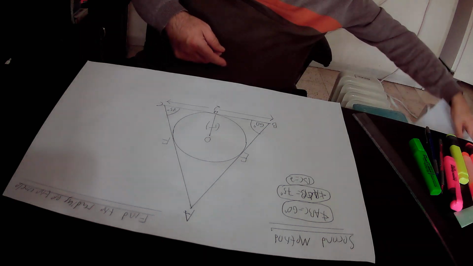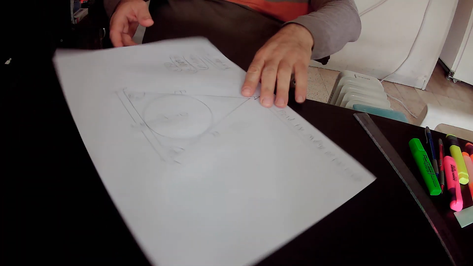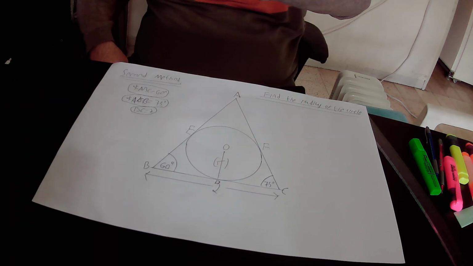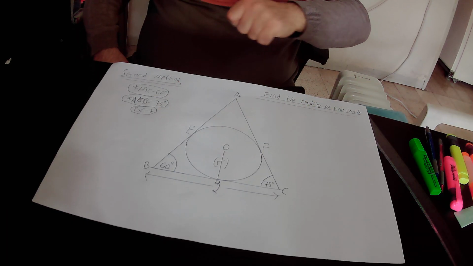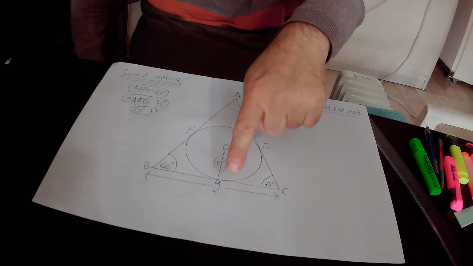Why? Because in our drawing, we have the radius OD, that is drawn to point D, that is the point of tangency of tangent BC with this circle. Whenever you have a radius drawn to the point of tangency, then tangent BC will be perpendicular to the radius DO.